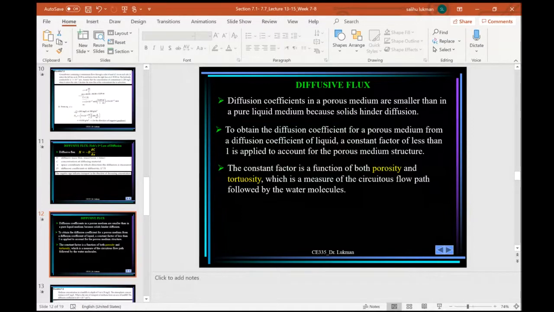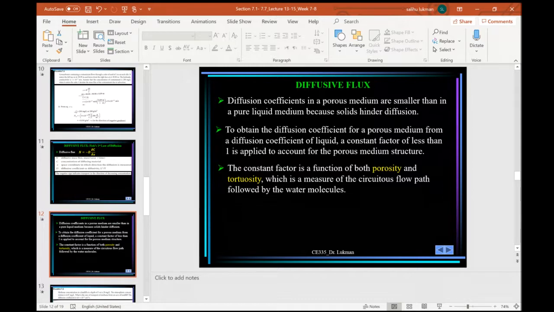Porosity is simply the percentage that gives us a measure of the void spaces in a porous medium. The higher the porosity, the higher the voids in that porous medium. Then we have another term here called tortuosity, the tortuous nature of the path of the liquid water.